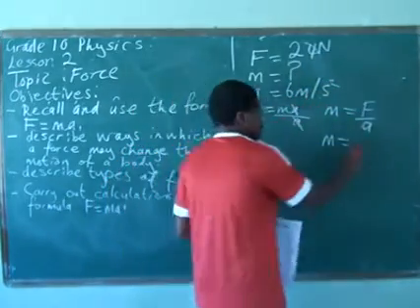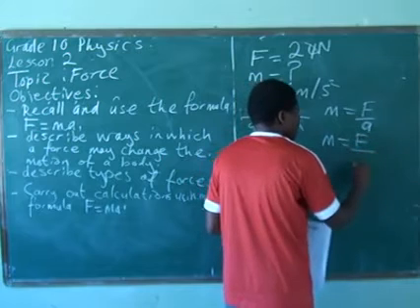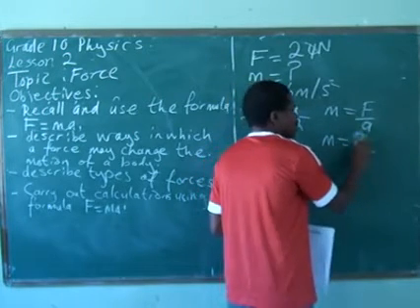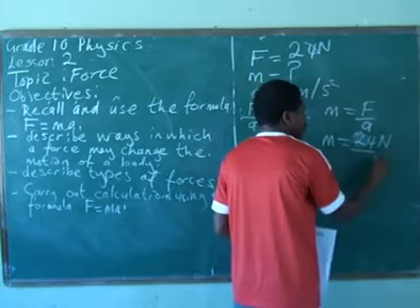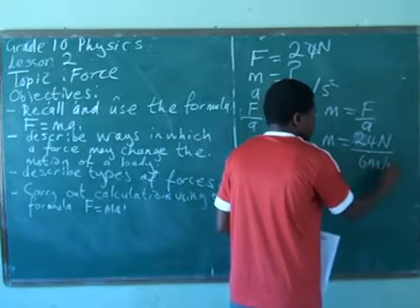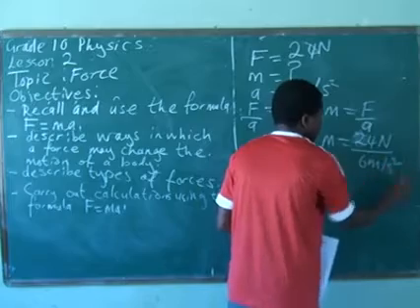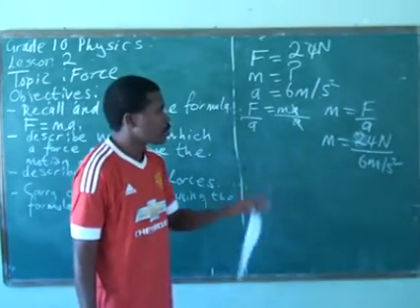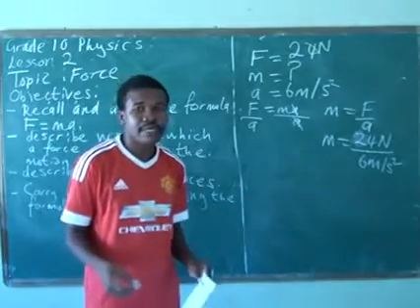So mass is equal to force, and I'm supposed to write the actual number now, which is 24 newtons divided by 6 meters per second squared. When you divide them, you must remember the SI units.